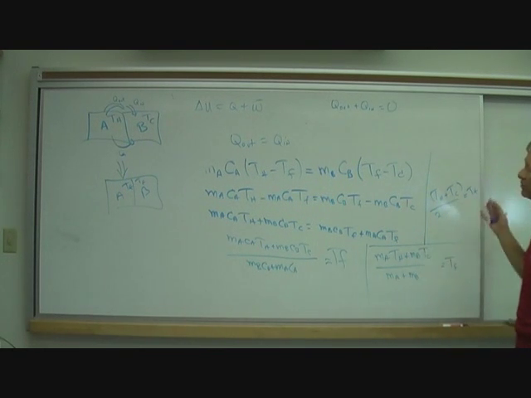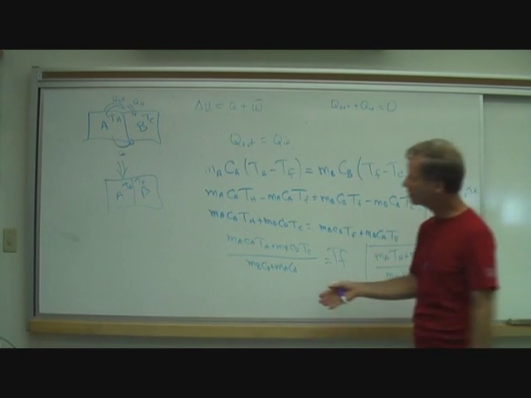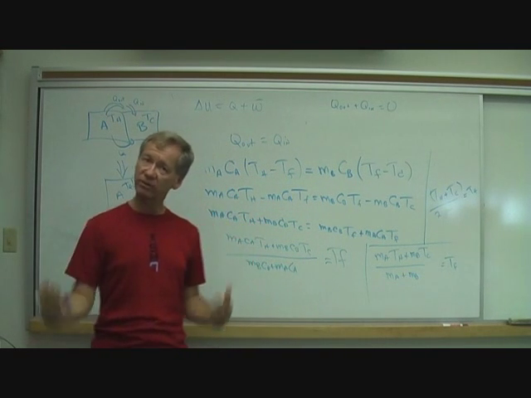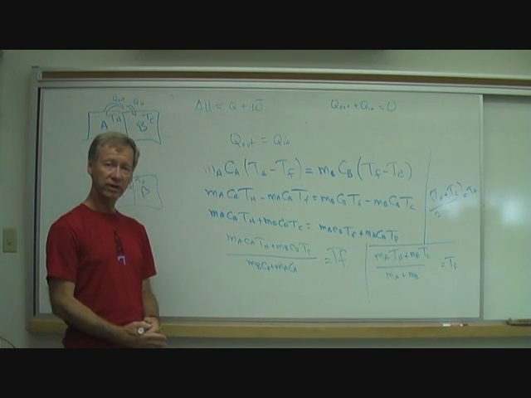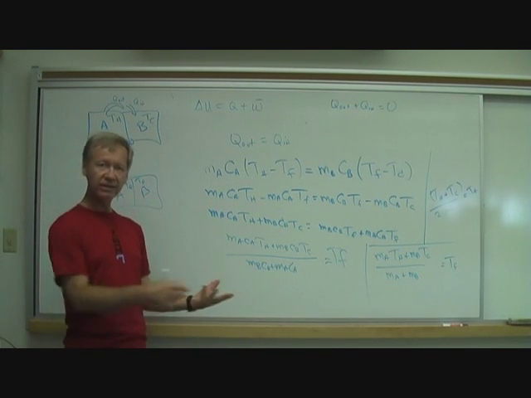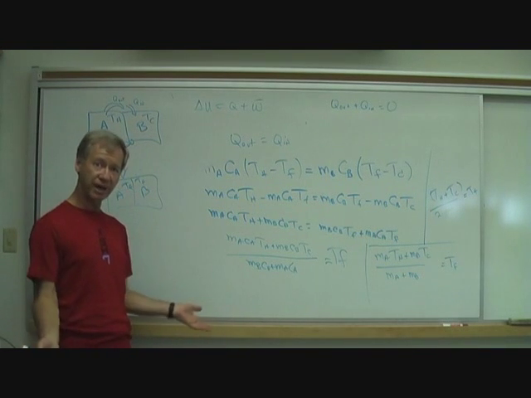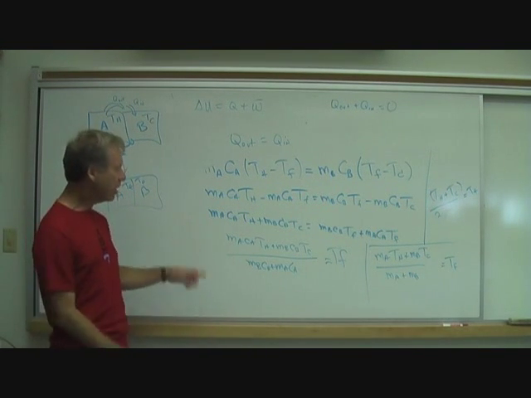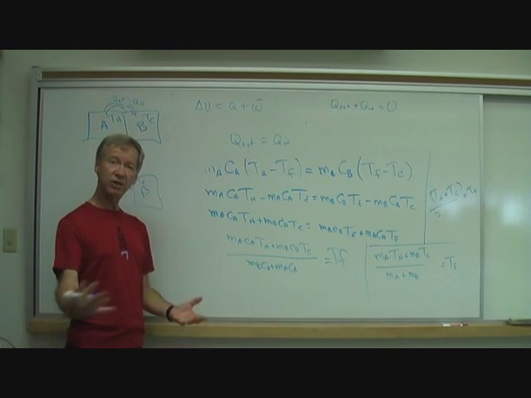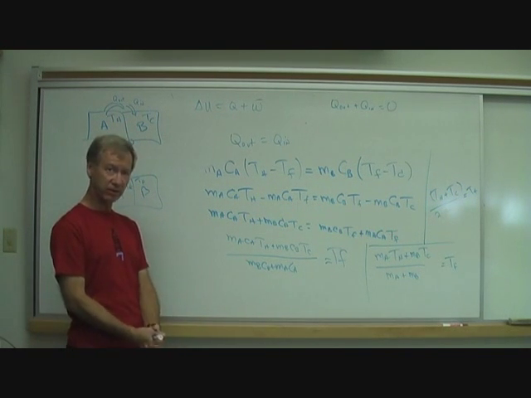And in fact, this is exactly how you do this. If you have two things that you bring into thermal contact, how do you figure out what the final temperature is? You can't just say, oh, size of the thing times temperature plus size of the thing times temperature divided by the total size. No. Because the heat is really what matters, and Q depends upon the specific heat of the material.